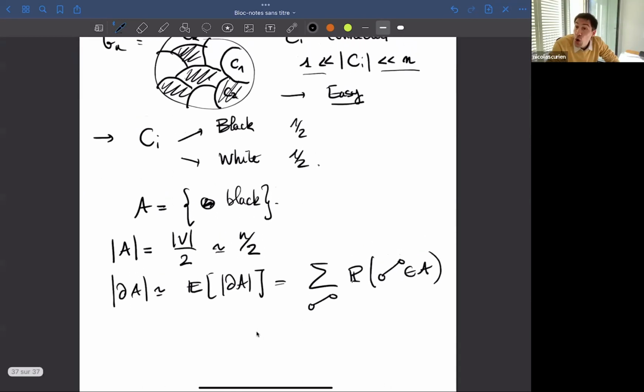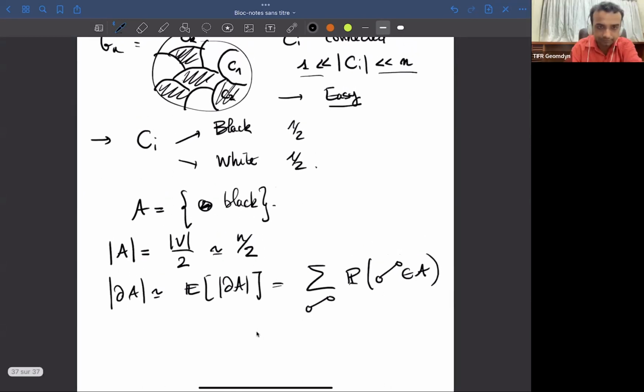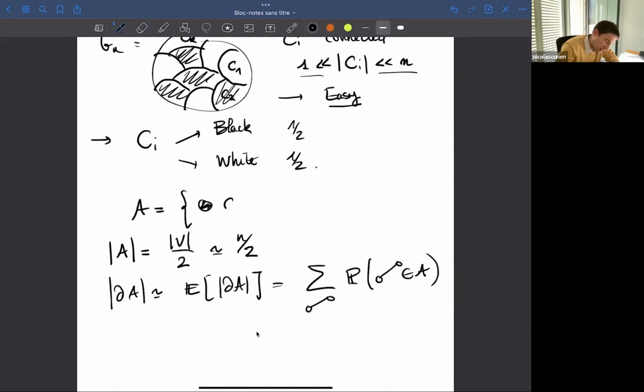Yes, let me be clear, very good question. It's all the vertices belonging to Ci where Ci is black. All of them. It's all the vertices here.